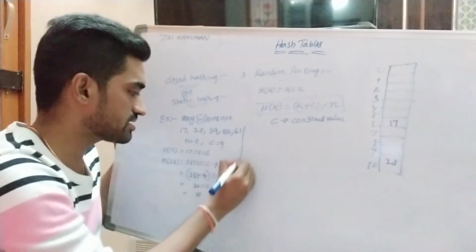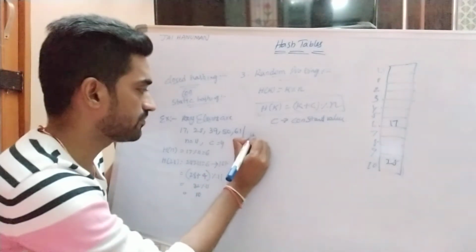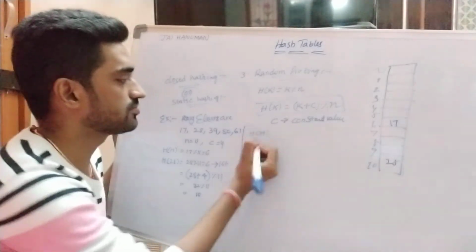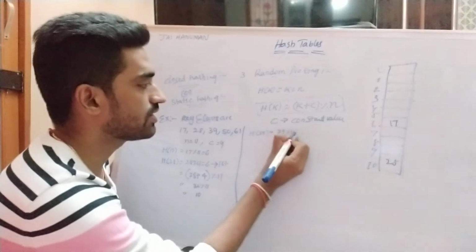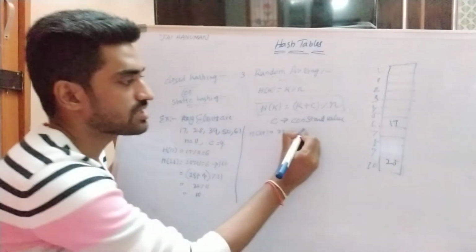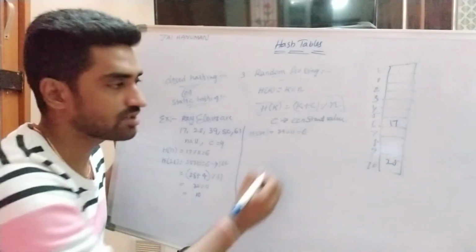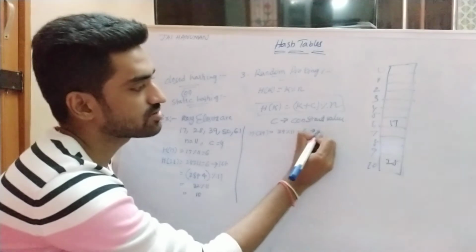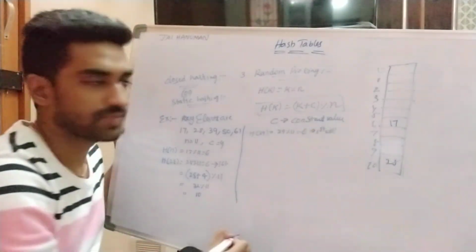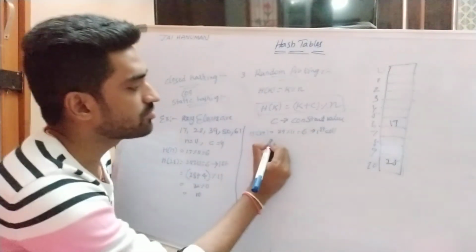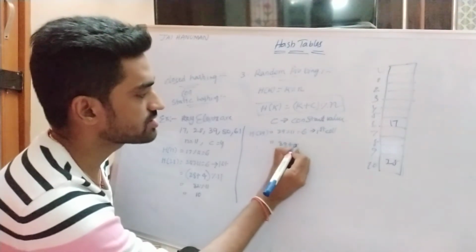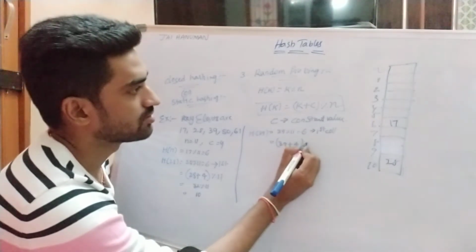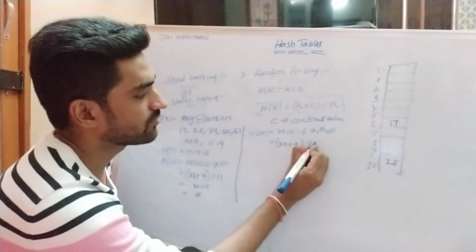So what is the next inserted key value? H of 39. 39 modulo division of 11: 6. This is not a vacant position. That's why the first collision has occurred. Apply the random probing mechanism. 39 plus constant value 4 modulo division of 11.